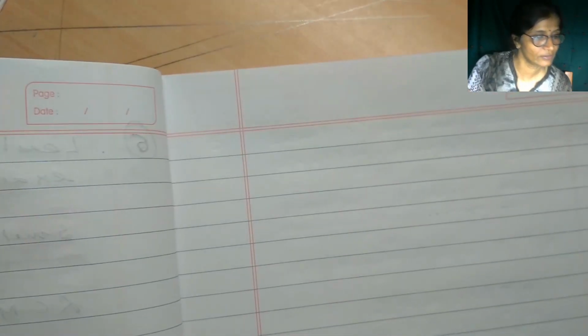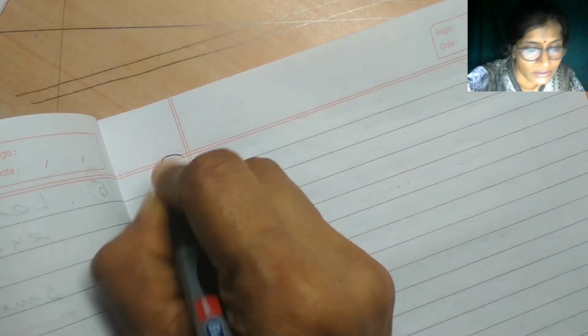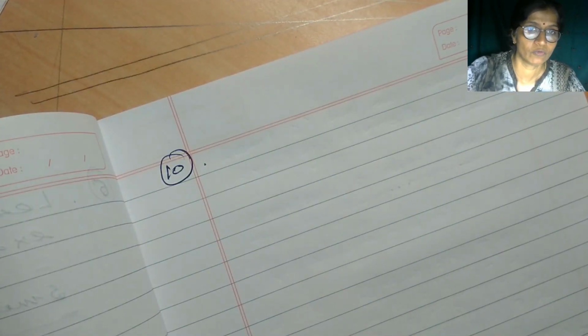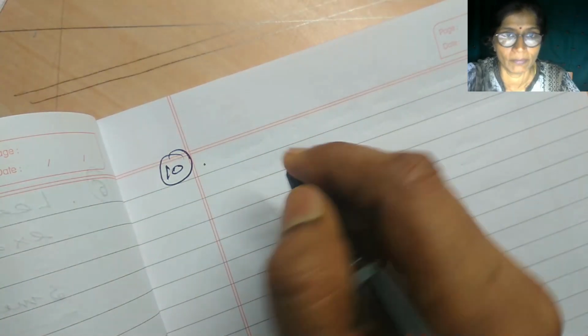Now next I will do a sum, that is sum number 10 in your book. Sum number 10 is what? Here we have done the smallest 5 digit number, 4 digit number which is divisible by the given numbers.